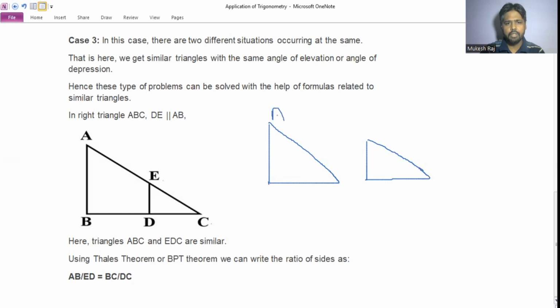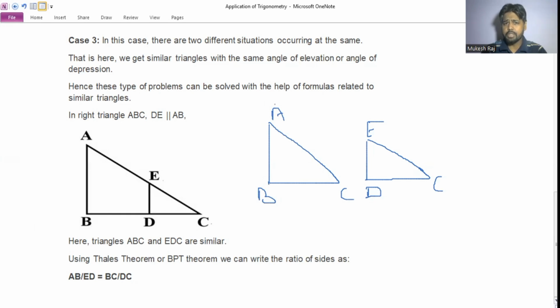This is the point A, B, and C. Likewise, we are having point E, D, and C. So we can very easily prove that these two are similar triangles. So directly we can use the properties of similar triangles to find the different missing parameters, whether the observer is moving at the point like say D or A.